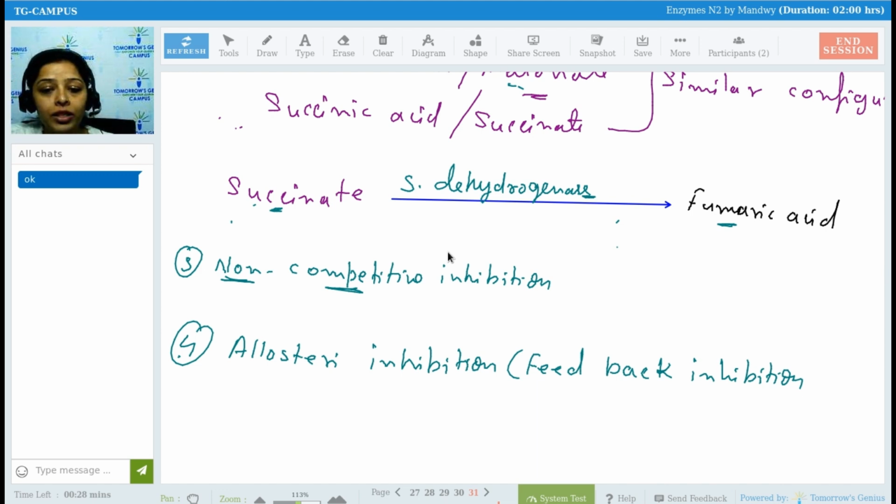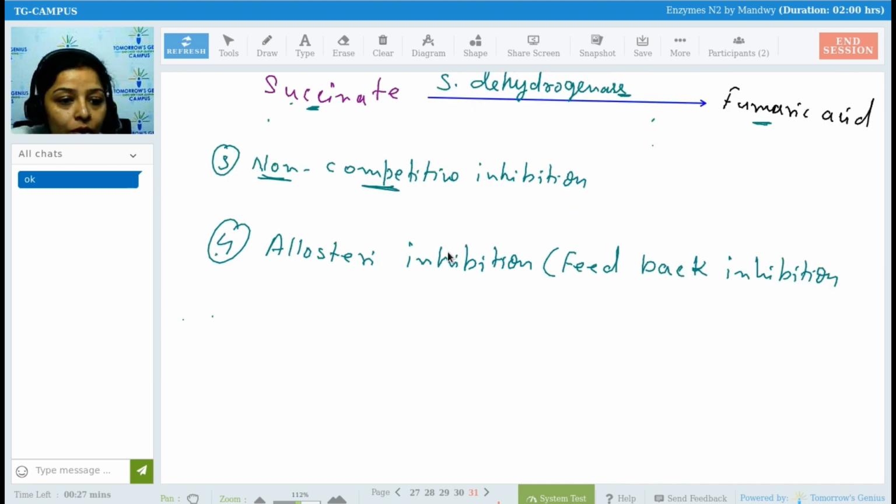Let's take an example: glucose during the process of glycolysis.